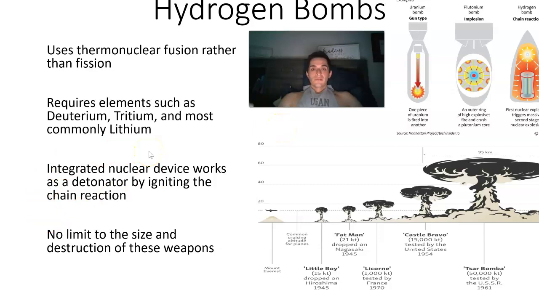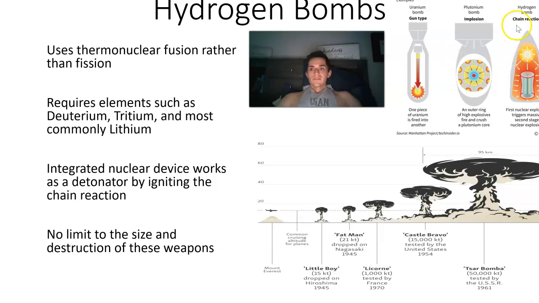And for these bombs to work, they require an integrated nuclear device. Kind of works as a detonator, but it'll trigger that chain reaction and that thermonuclear energy that's required to start the explosion in these type of bombs.